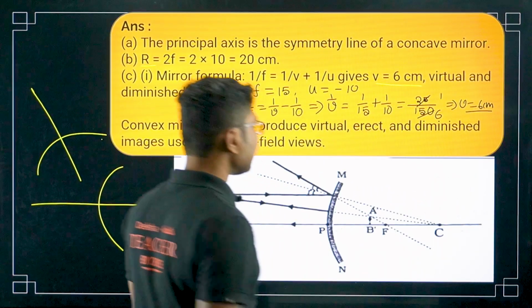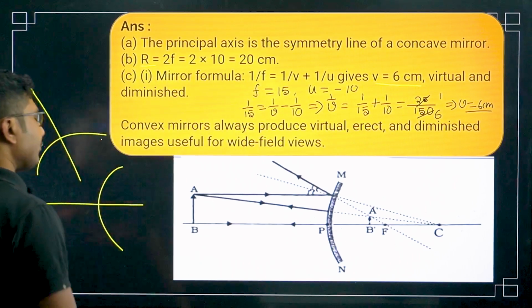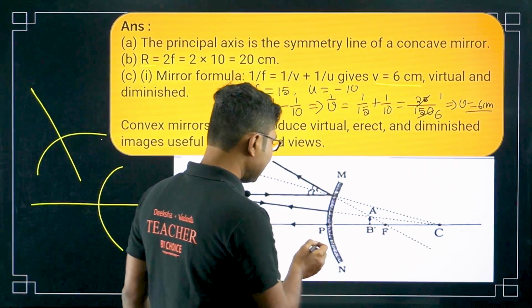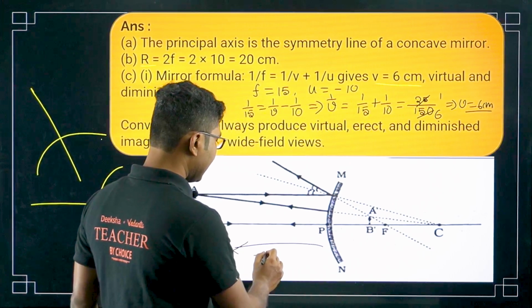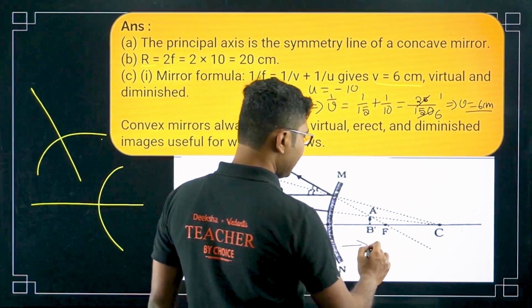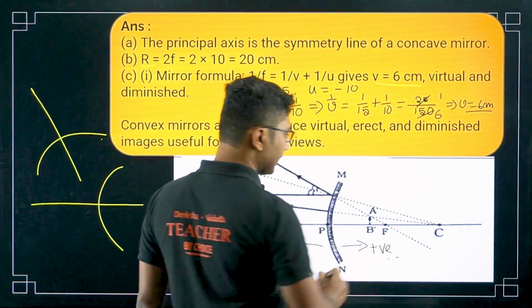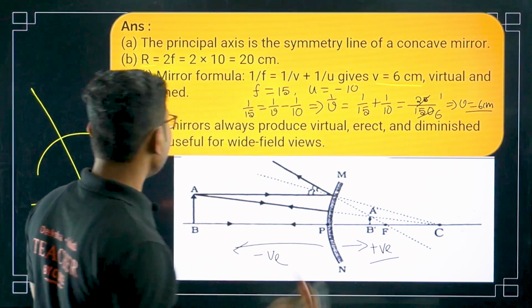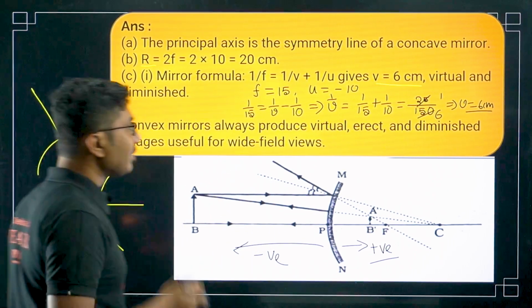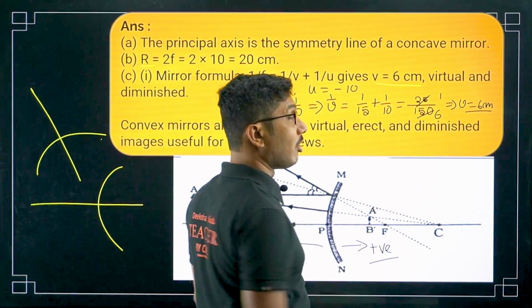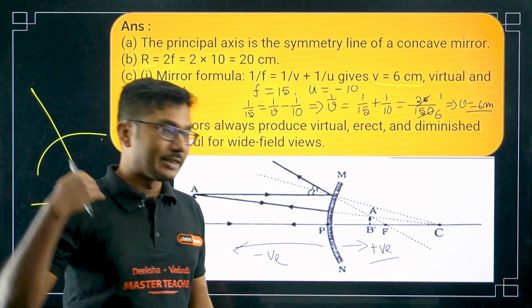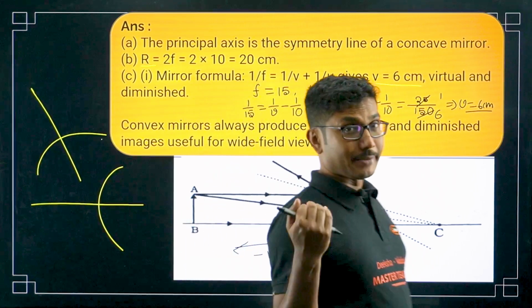So this is a convex mirror. Convex mirror forms a virtual image. Virtual image is on the right hand side of the mirror. So if this distance is negative, then this is positive, right? We already learned about sign convention in mirrors. So from there we can say this is a virtual and diminished image. Why diminished? Because object distance is more than the image distance. Image distance determines the size of the image.